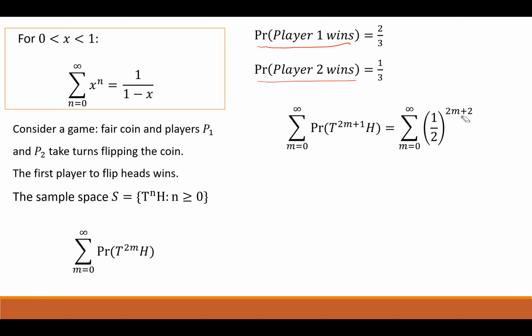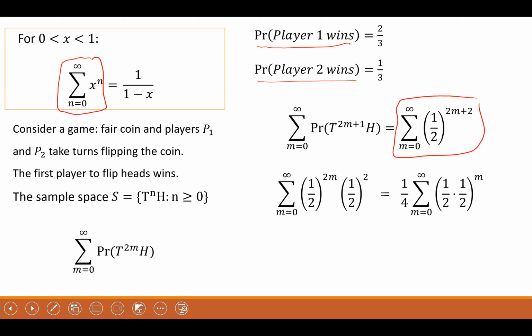And then I can go through the same steps. I have something that is close to what I want, this closed form here. I just have to make it into that. I can take this plus 2, that's 1/2 squared. That's a constant. I can move that out. It is equal to 1/4. And then I have this 1/2 to the 2m. We already know how to solve that, right?